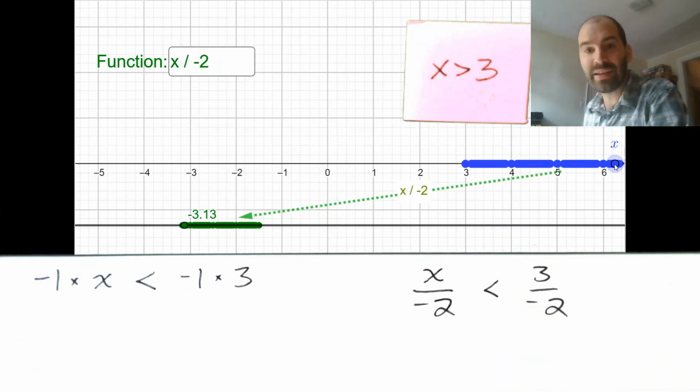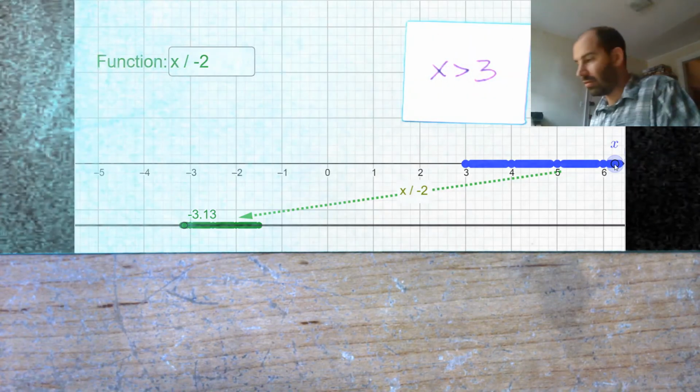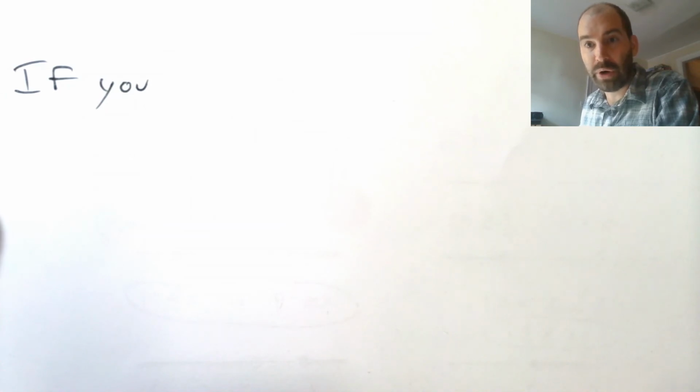And so that's the rule here. That's the main thing that we're illustrating. That inequalities work exactly the same as equalities, except that if you multiply or divide both sides of an inequality by a negative number, you have to change the direction of the inequality symbol.